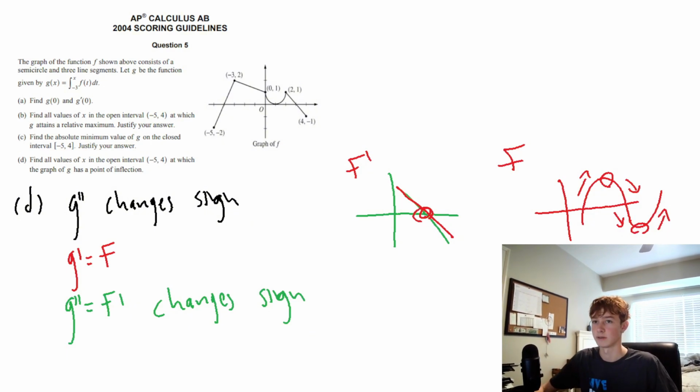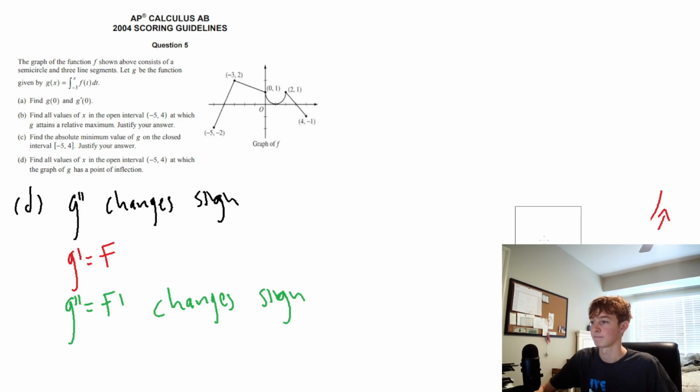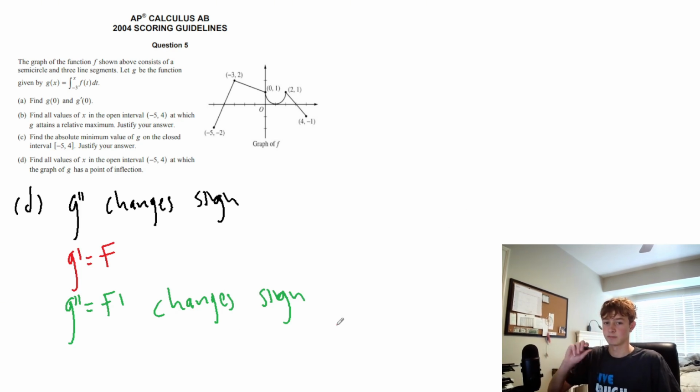So now what we can do with that understanding is go back and look at our graph and find where f prime changes sign, or where the graph of f changes from increasing to decreasing, or decreasing to increasing. So the first point I noticed is right here, because f is increasing, or f prime is positive, and then f is decreasing, or f prime is negative.